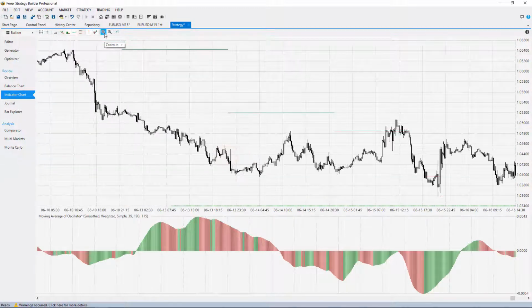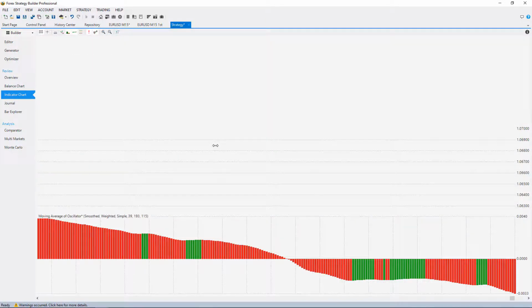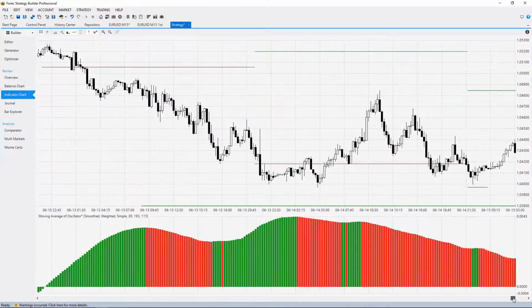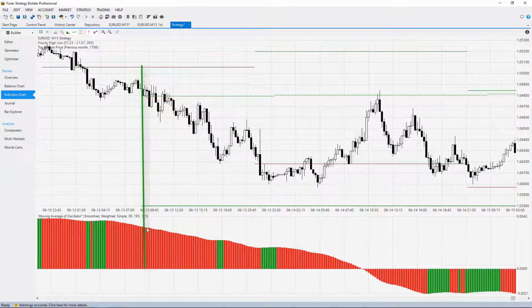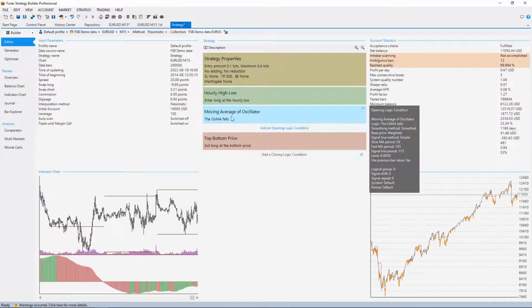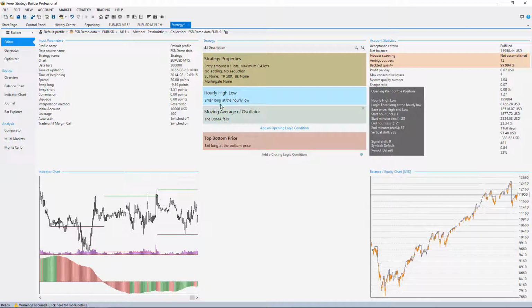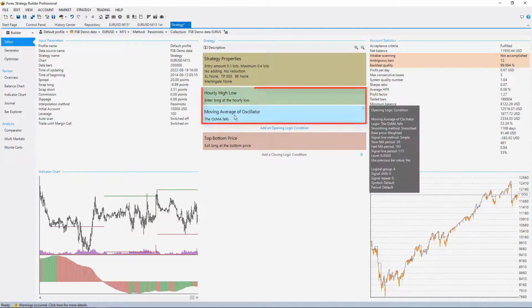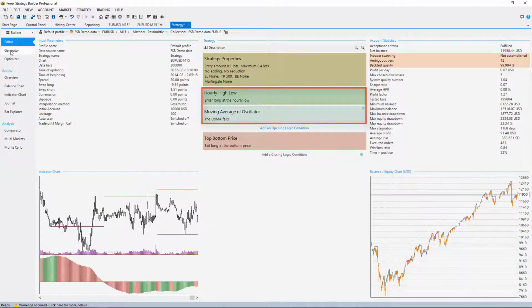Let me zoom it and we will see exactly why we have bought. So here it is. We have the moving average of oscillator going down, which was the second condition, if you remember. Okay, moving average of oscillator falls, and we enter long at the hourly low. These two should happen at the same time. They should confirm each other.